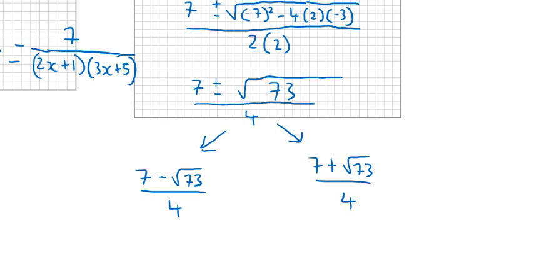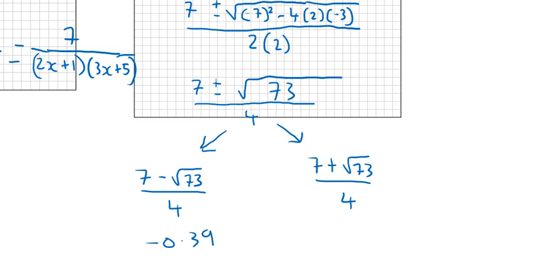So if you type this into the calculator, it gives you minus 0.39. That's the minus option, when you put it in with a minus.